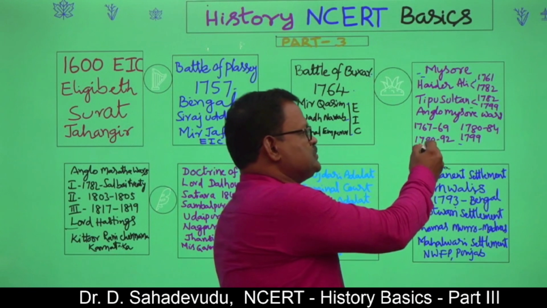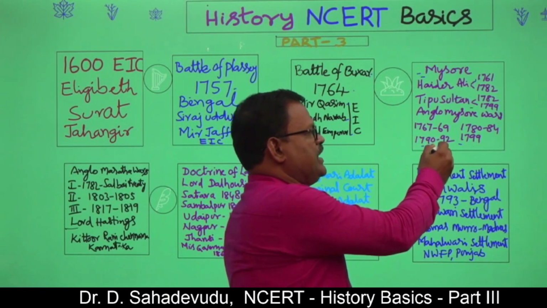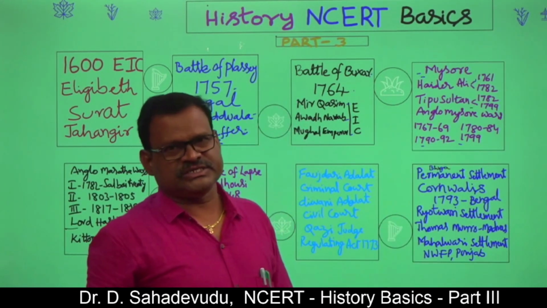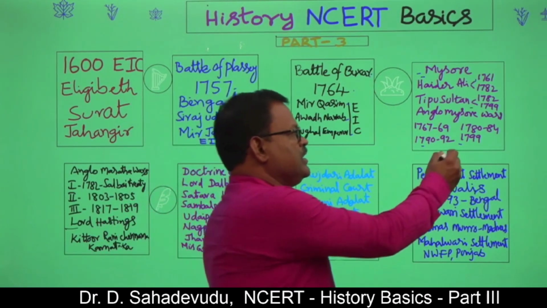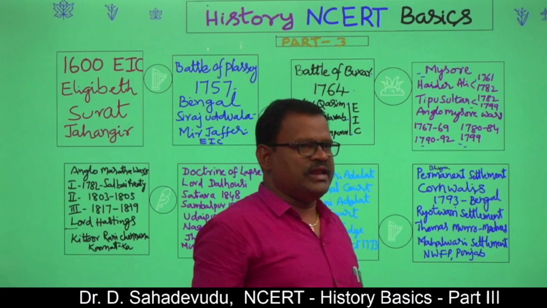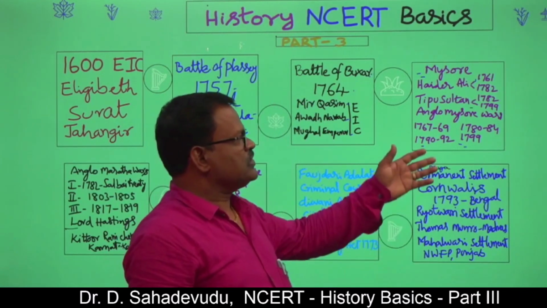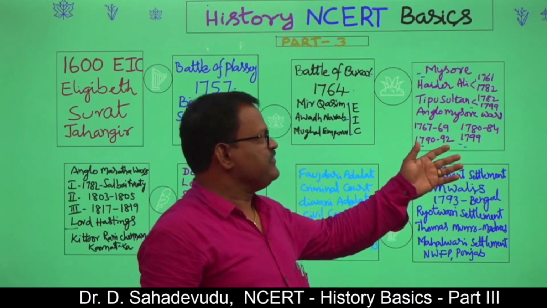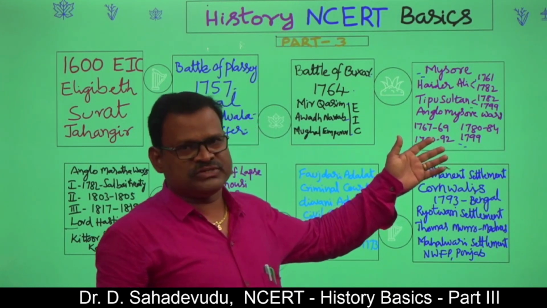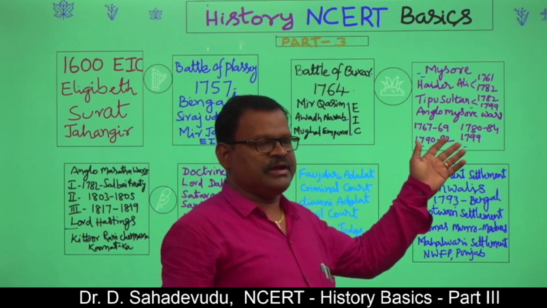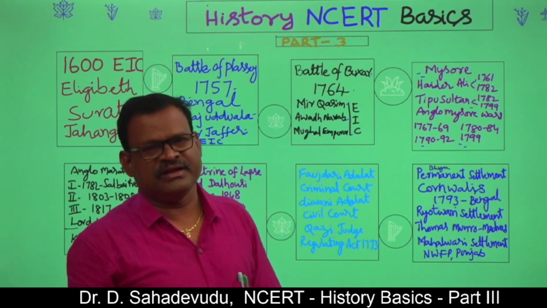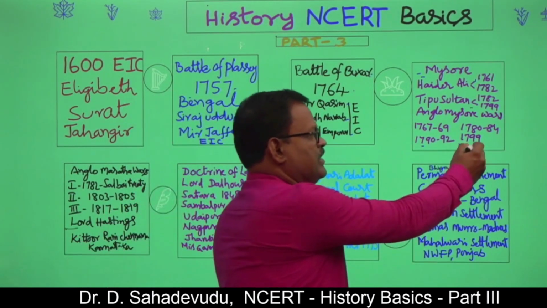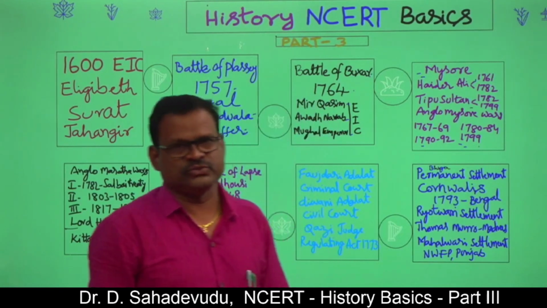The Third Anglo-Mysore War, 1790 to 92, was won by the British under Governor-General Cornwallis. In 1799, Lord Wellesley won the Fourth Anglo-Mysore War. He defeated the Mysore forces. In the ferocious battle, Tipu Sultan fought rigorously and died on the battlefield in 1799. It is the end of Mysore.